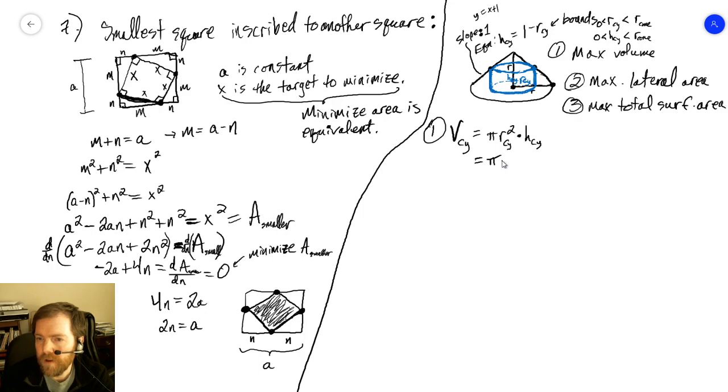It's weird. Alright, so the radius of the cylinder squared times the height of the cylinder is going to be equal to the radius of the cone minus the radius of the cylinder. Sorry, it's not 1, that should be the radius of the cone.